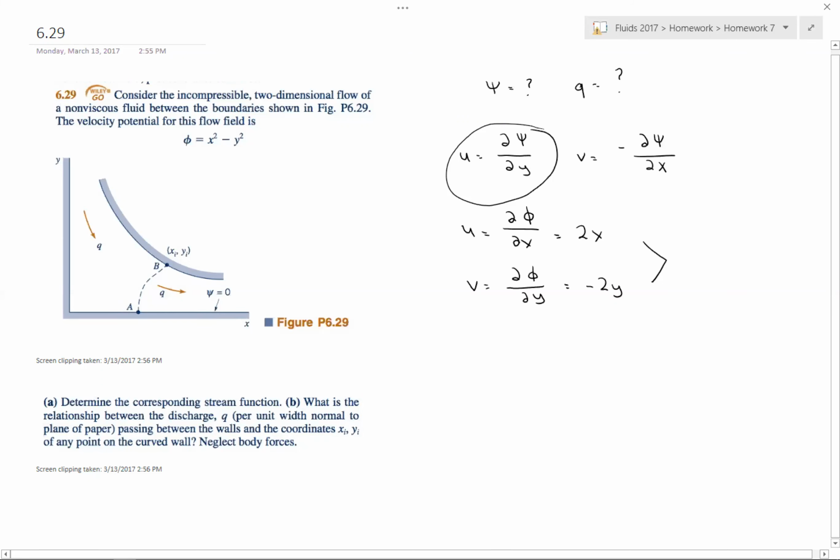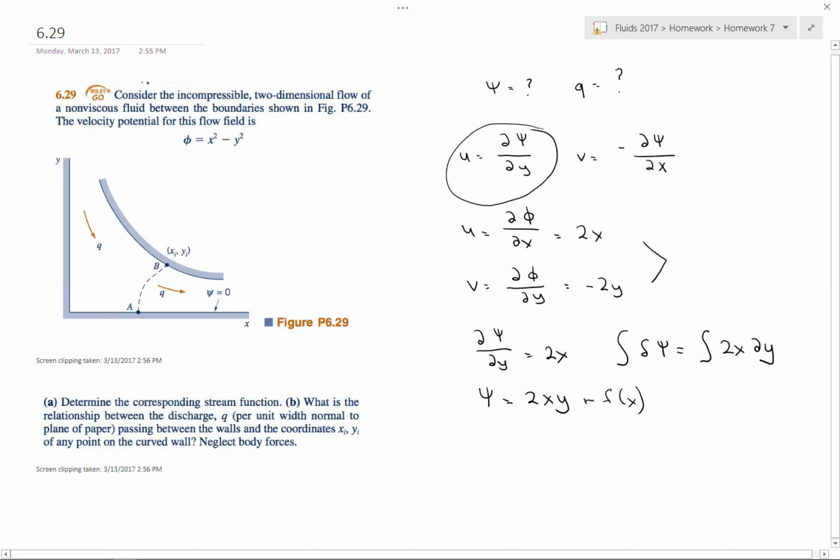What we're saying is that this is equal to 2x, and so if we separate and integrate, I did that wrong, this is going to be equal to 2x dy, okay? And so now we can integrate this, and we find that this is equal to 2xy plus what? Plus some function of x.